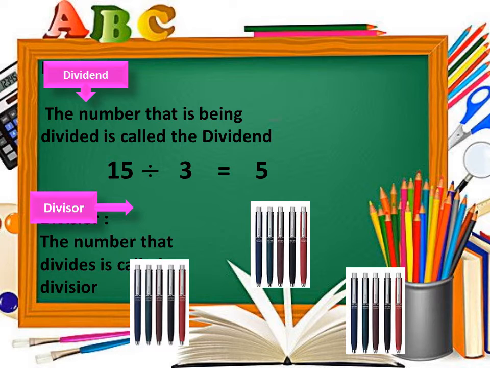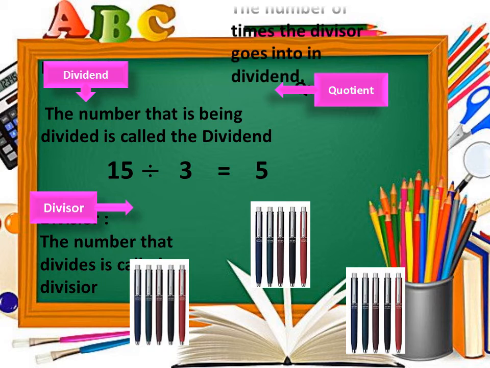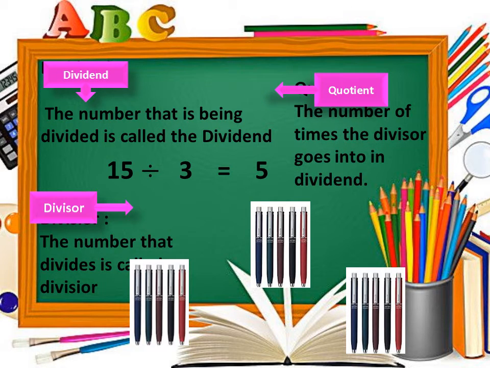After sharing the pence, each kid gets 5 pence. The number 5 is called the quotient. This is the number we get after dividing the dividend by the divisor.